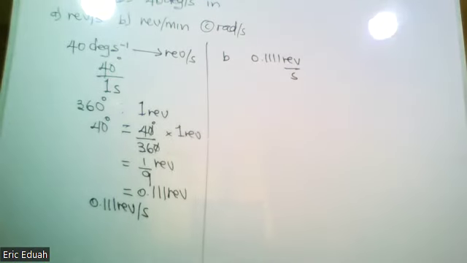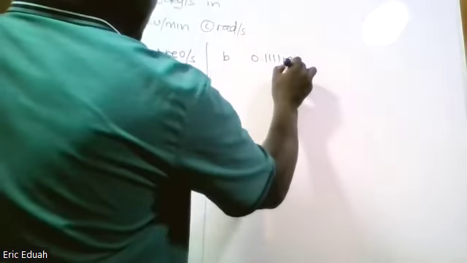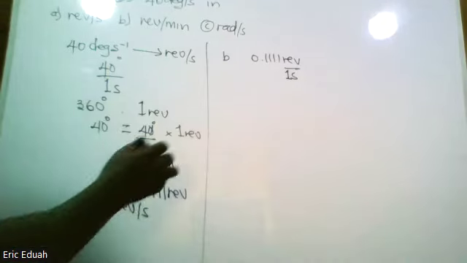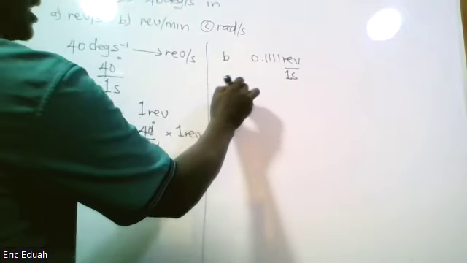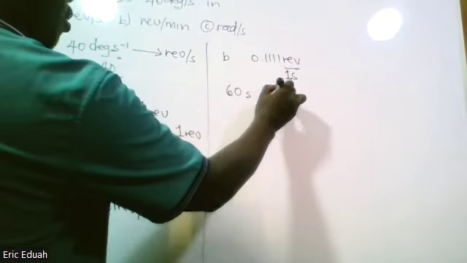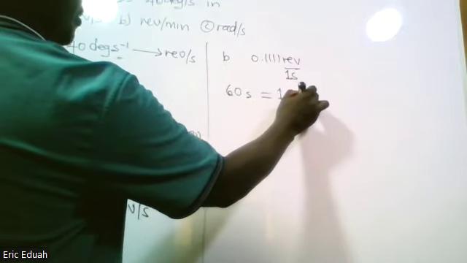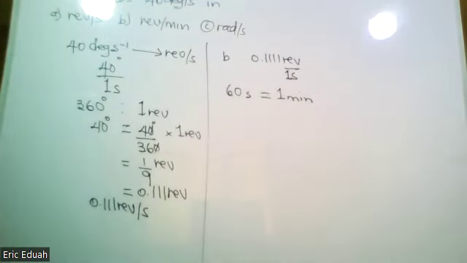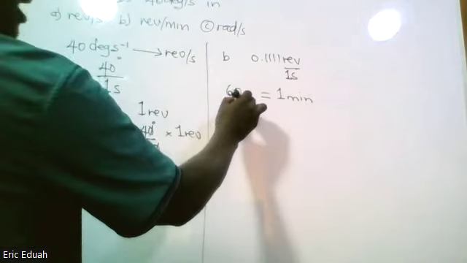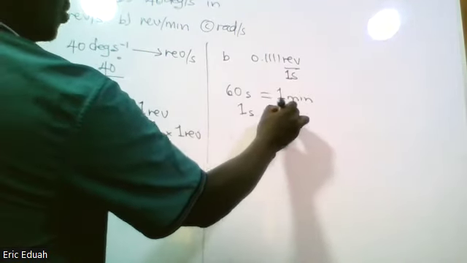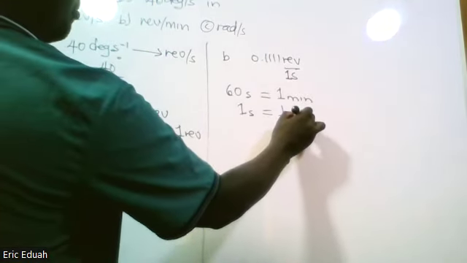So this time the bone of contention is changing the denominator. We have 1 second. If 60 seconds equal 1 minute, then 1 second would be 1 on 60 minutes.